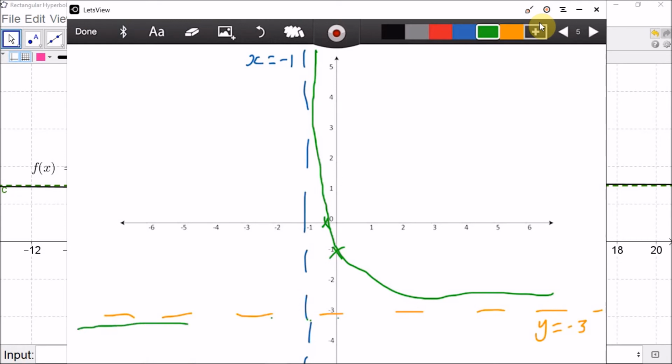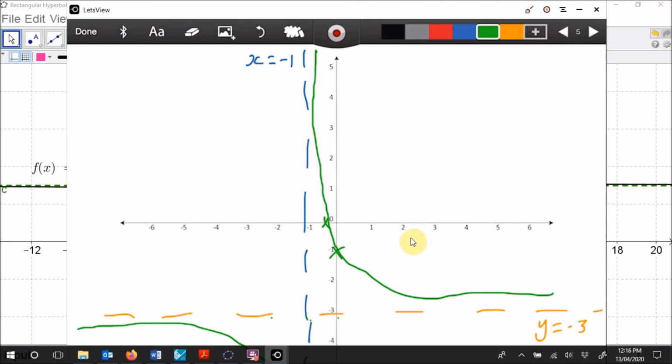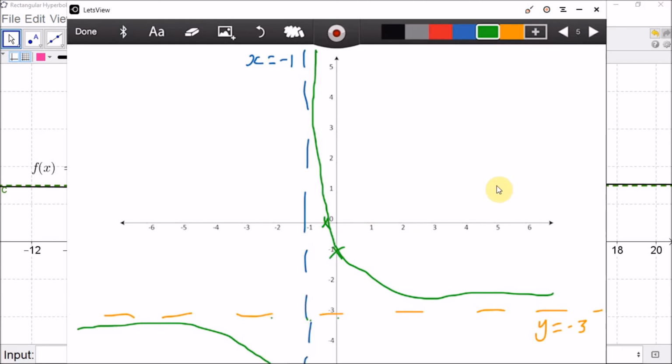And so this one kind of swings around like that. All right, and so there's our graph. So these two look similar.